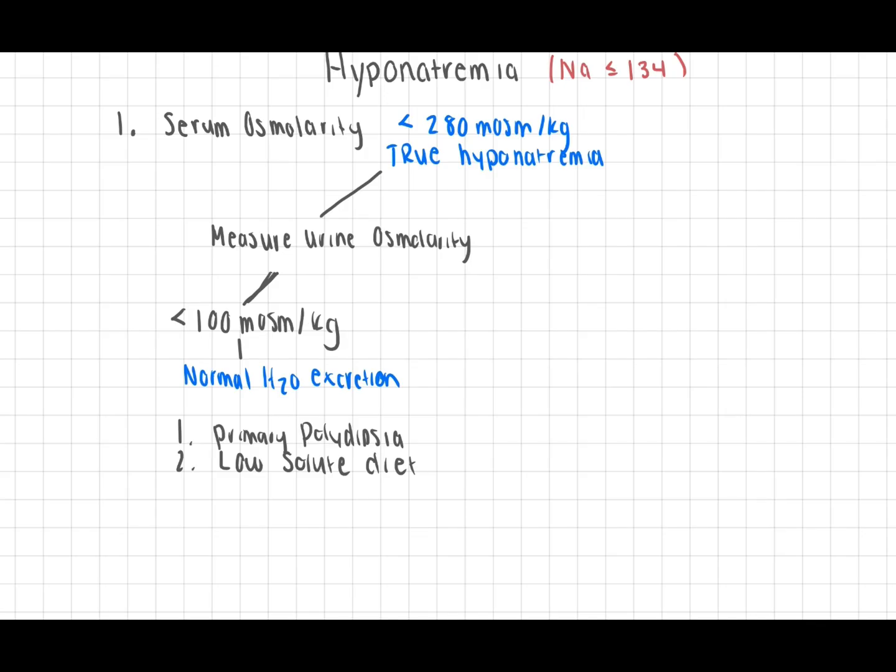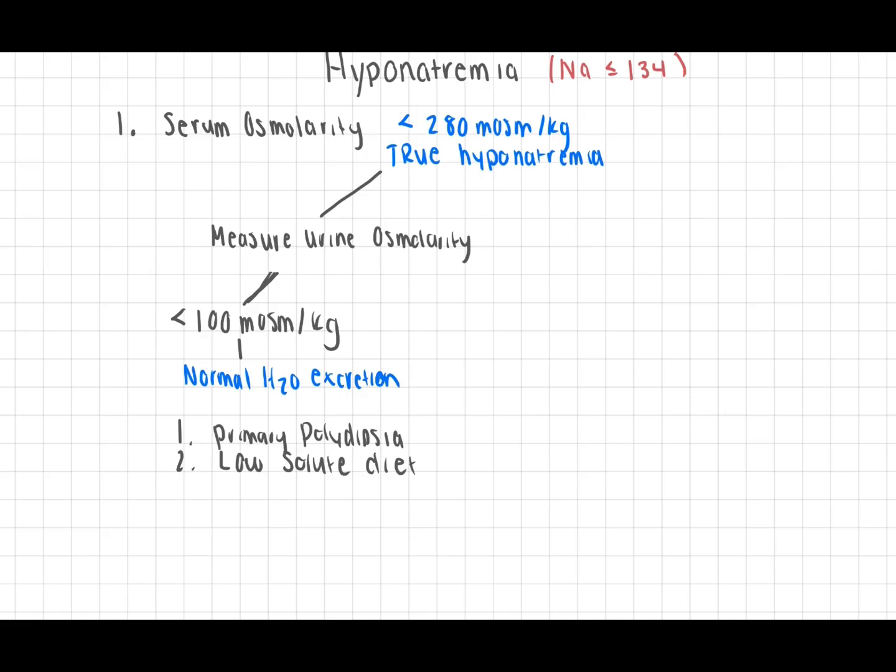So if you have extremely poor solute intake from your diet, the ability to excrete excess water is reduced by your poor dietary intake. There's not enough solute load to carry the water out of your body. So you need a minimum amount of solute to get rid of excess water.